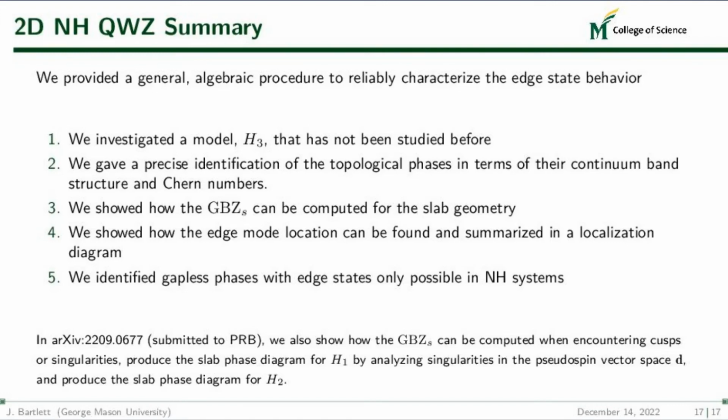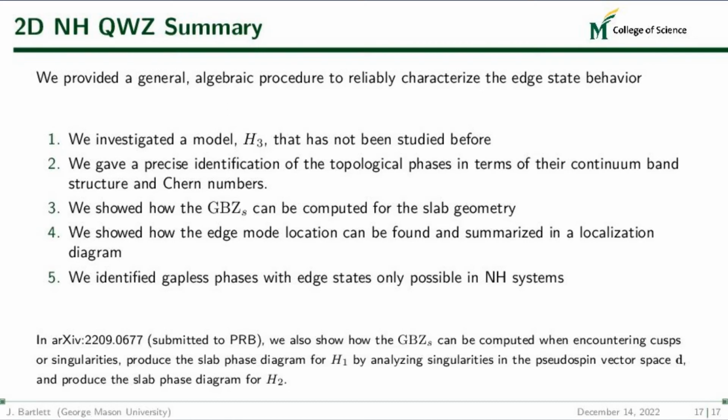We showed how you can calculate the GBZ surface for these slab geometries, showed how you can find the different edge mode locations, how you can calculate these Chern numbers, and then also showed this uniquely non-Hermitian topological phase where it is gapless with edge states.